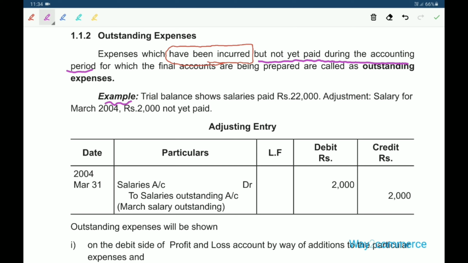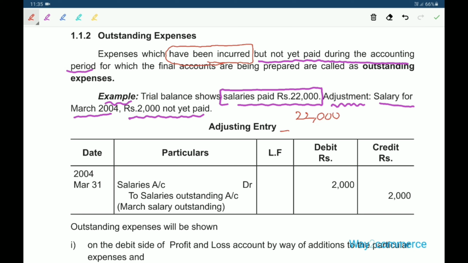Trial balance shows salaries paid 20,000 rupees. Adjustment given: salary for March 2014, 2,000 rupees, not yet paid. That means total salary for this period is 22,000 rupees: 20,000 paid and 2,000 not paid.